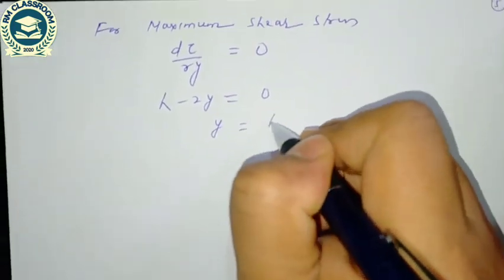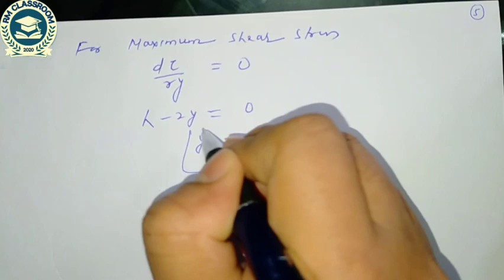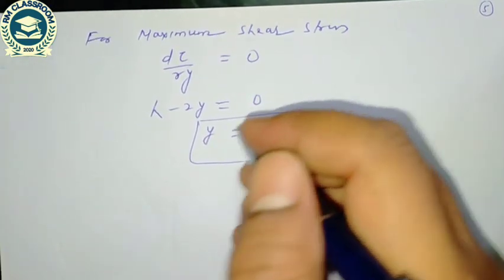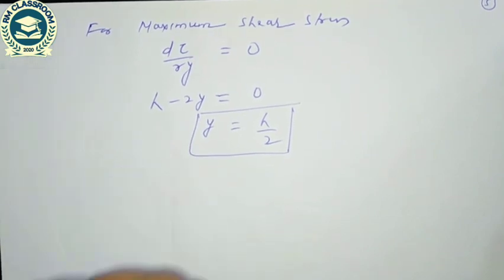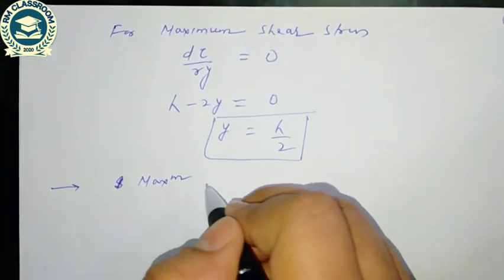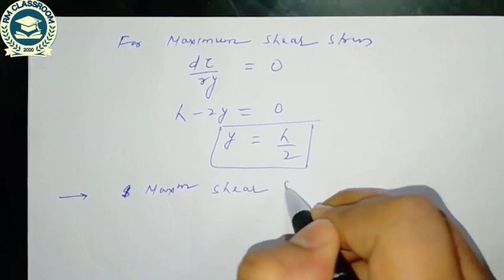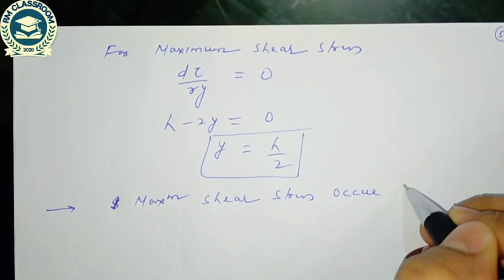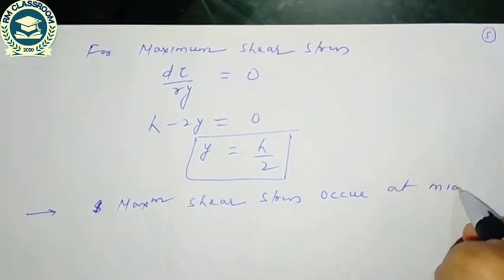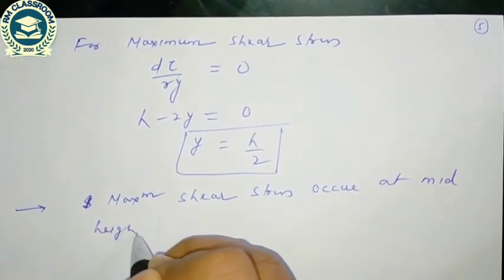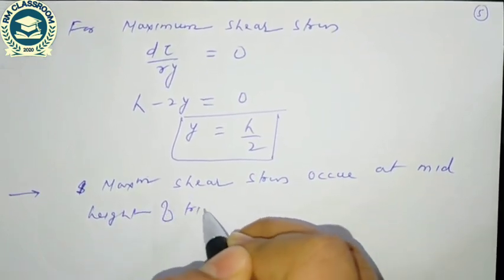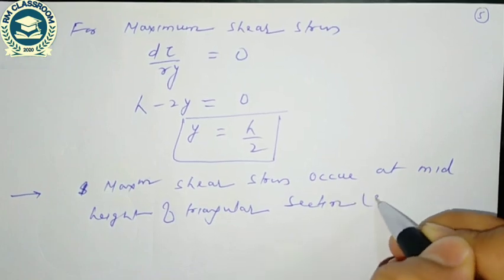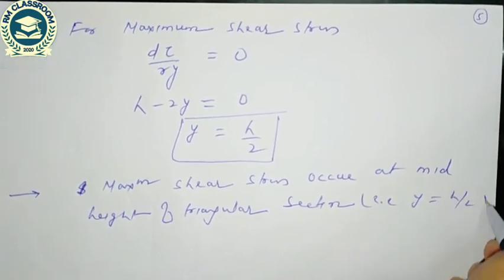So y is equal to h by 2. So at a distance of h by 2, maximum shear stress will occur. So maximum shear stress occurs at mid height of the triangular section, that is y is equal to h by 2.